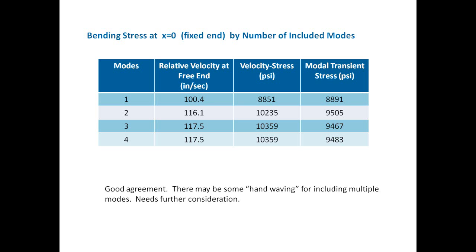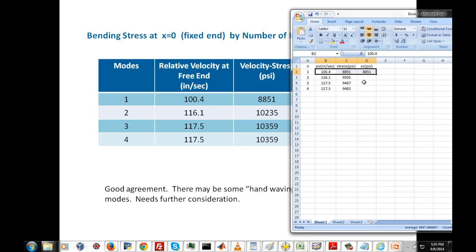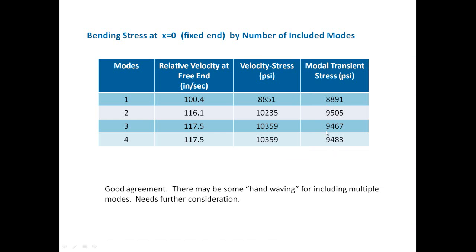So in some sense, this fourth column, which is the same as this column here, is the so-called exact values. Well, they're so-called exact values for that particular base input.